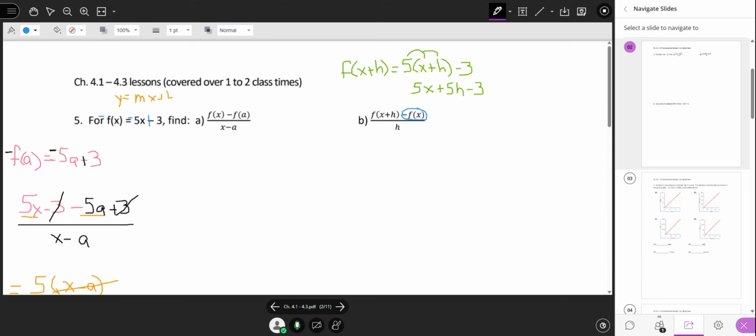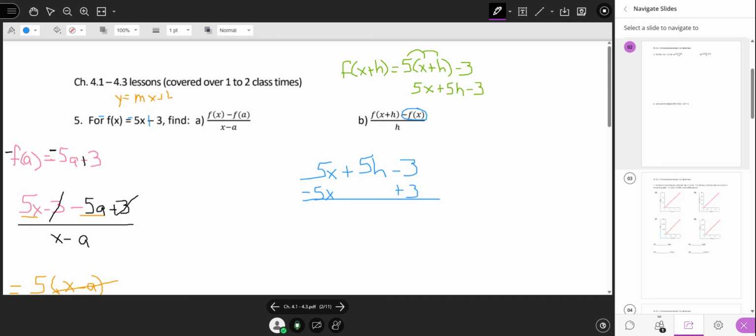So f of x plus h is 5x plus 5h minus 3. Then it says minus f of x, so that's minus 5x plus 3.